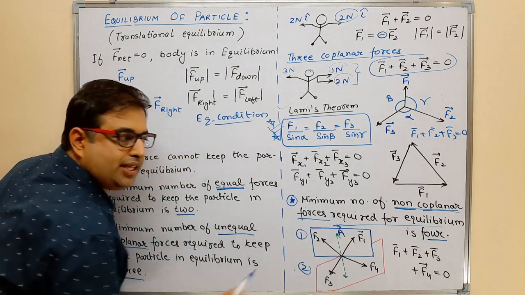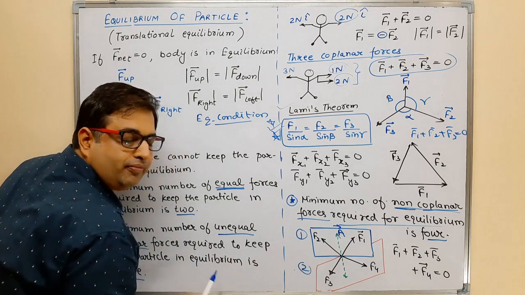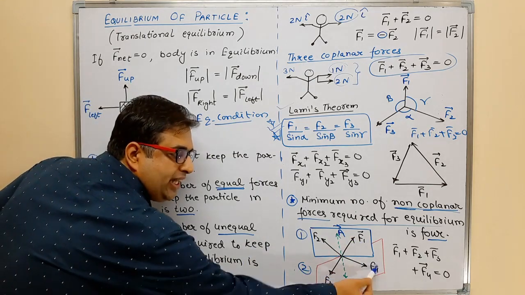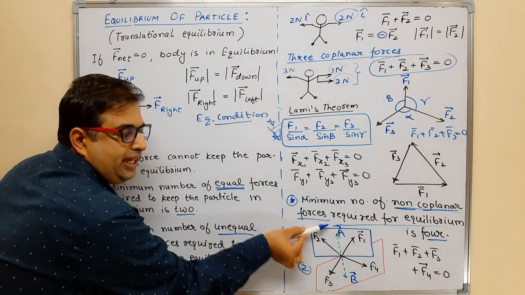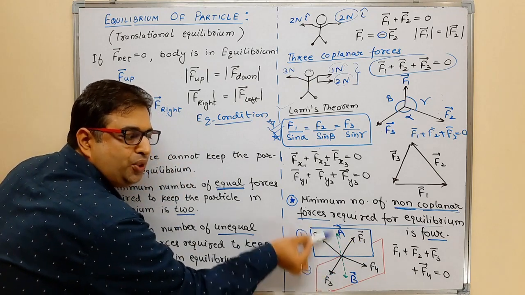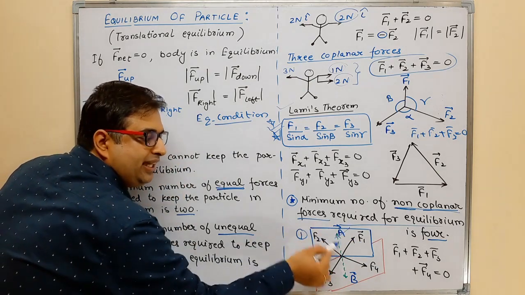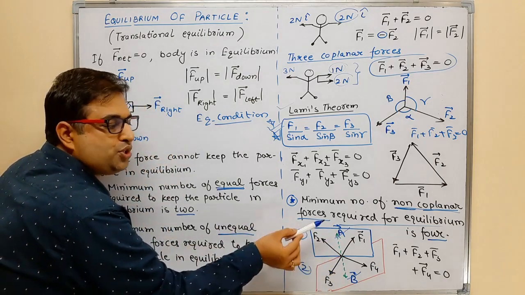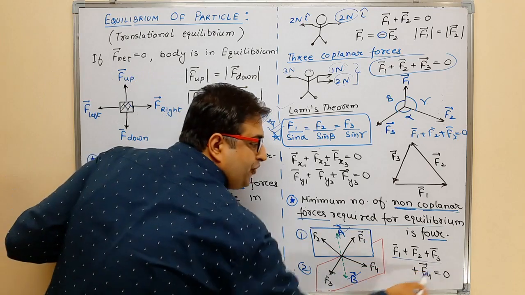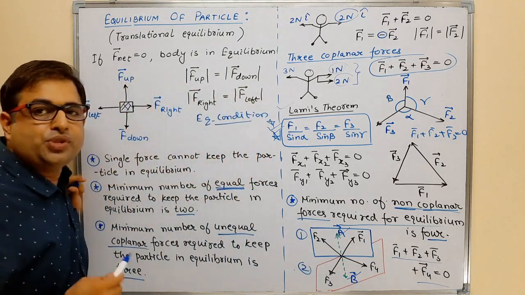Suppose A is the resultant of F1 and F2. Resultant of F3 and F4 is B. If this A and B are magnitude-wise equal, then they can cancel out each other because their directions are opposite. So the resultant of 4 forces will be equal to 0.